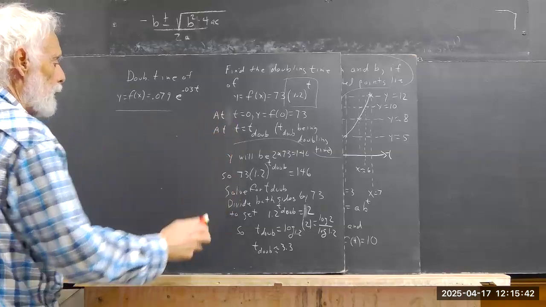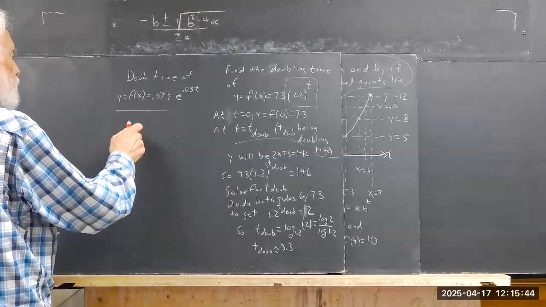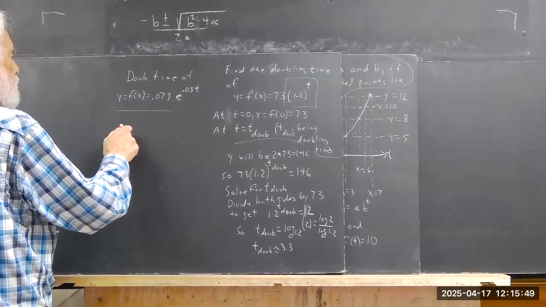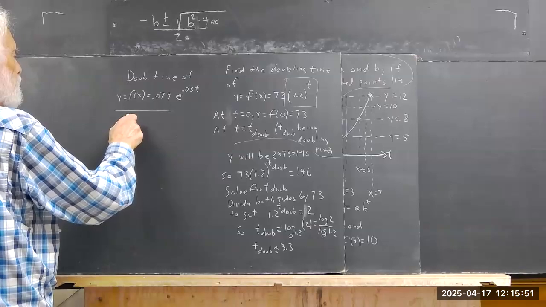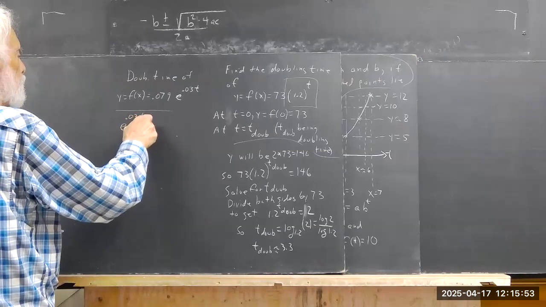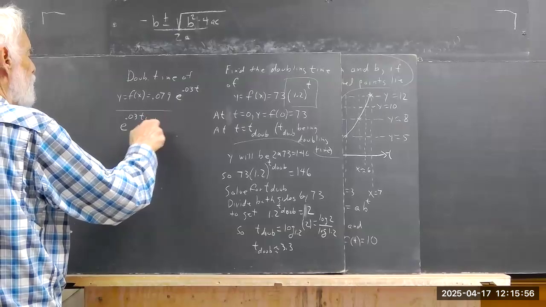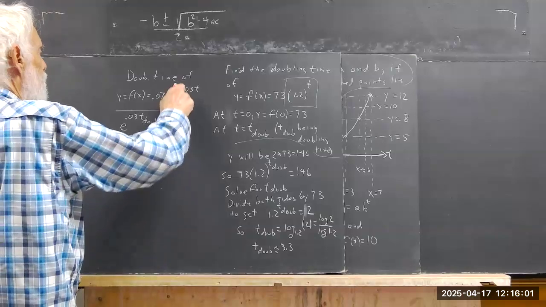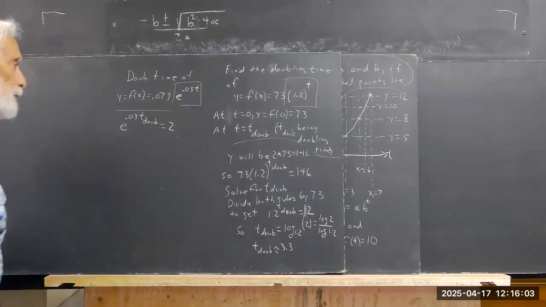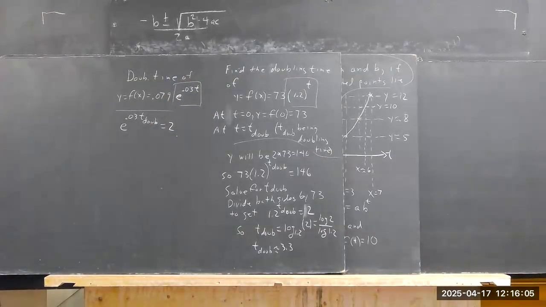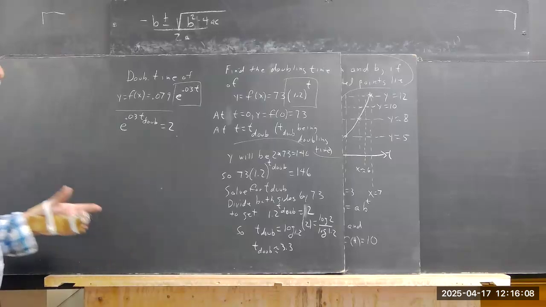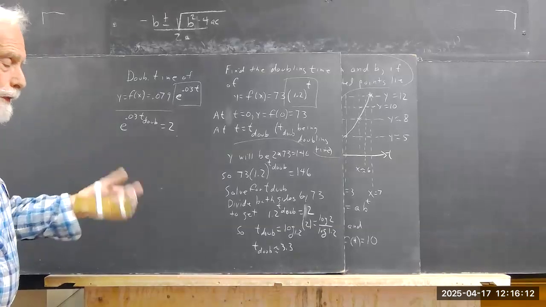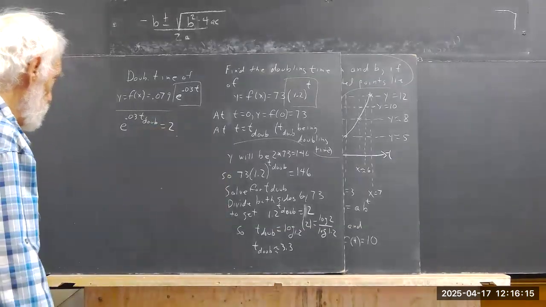Now I'm not going to write out all the logic, although you should. It comes down to the fact that e to the 0.03 t dub would have to equal 2. In order to double, this has to double. So you can kind of shortcut the process, but I don't recommend you shortcut it until you've done the whole thing a few times.